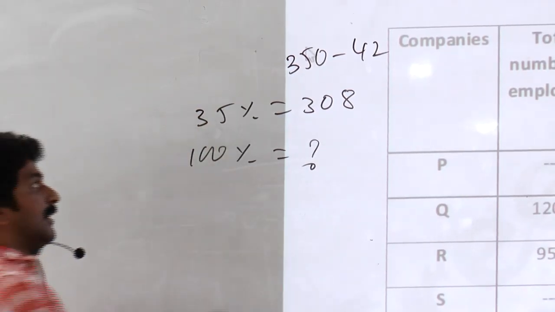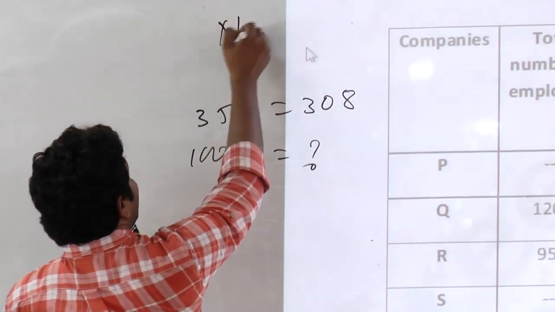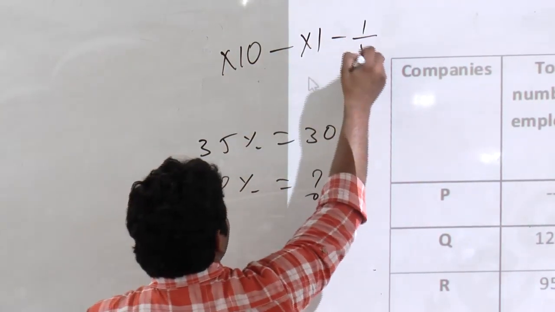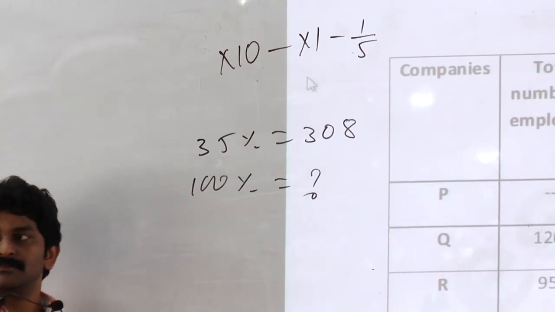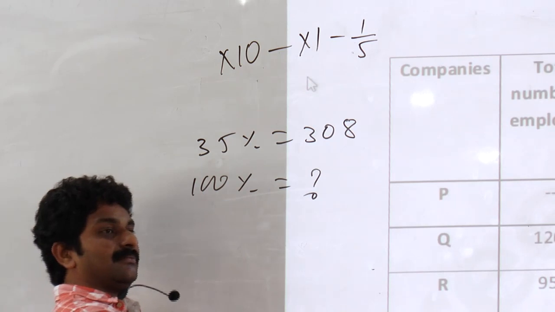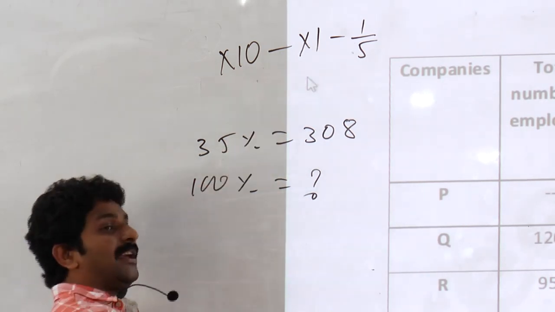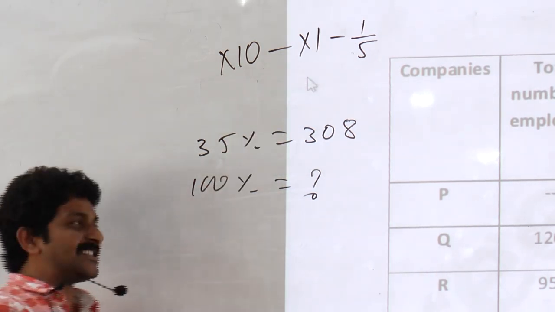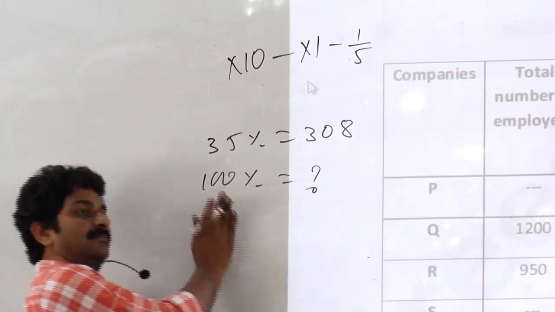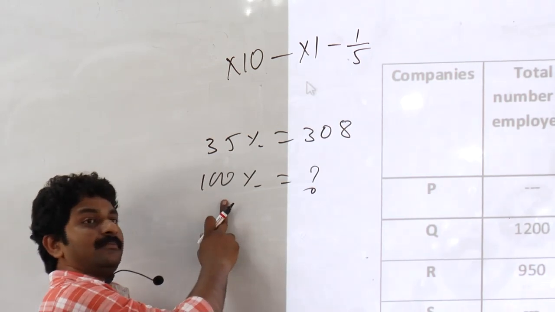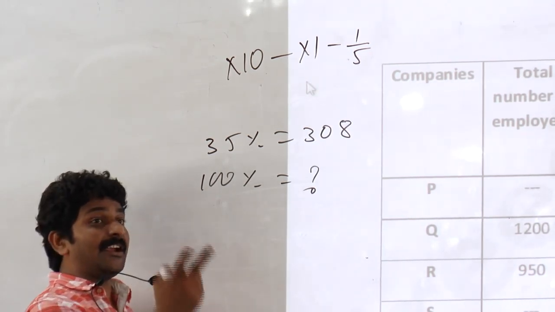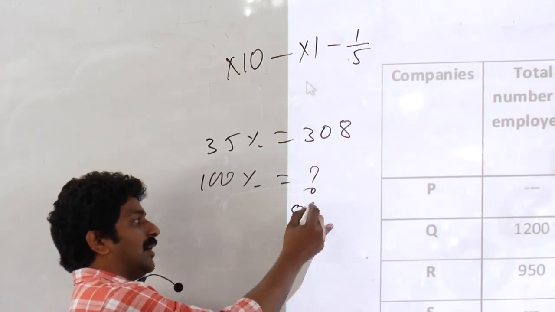So 10 times minus 1 time minus 1/5. 10 times is 1000, 1 time is 100, so 900, and 1/5 is 20. 900 minus 20, answer 880.